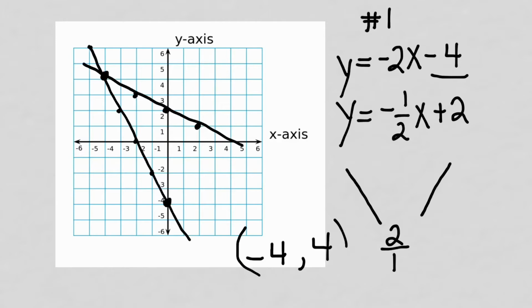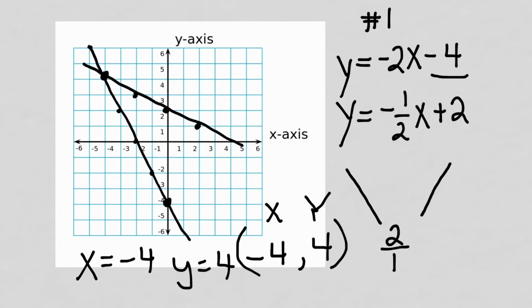I can put in a point like that, or because I know that it's x and y, I know x equals negative 4, y equals positive 4. I will accept it like this, or I will accept it like this. Whatever you feel comfortable with, both are fine. But the key is that you know that the point of intersection between these two lines is your answer.